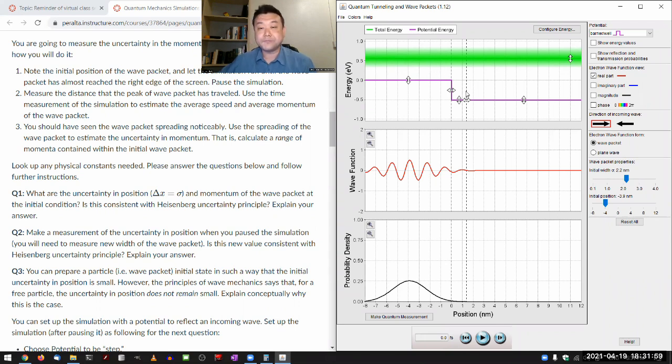And classically, you would say the ball's just going to keep on going, except here, because of a bigger difference between the total energy of the particle and the potential, there will be greater kinetic energy. So the ball will go faster here, but if the ball comes in from the left, it'll just keep on moving to the right. Now, quantum mechanically, let's see what happens.